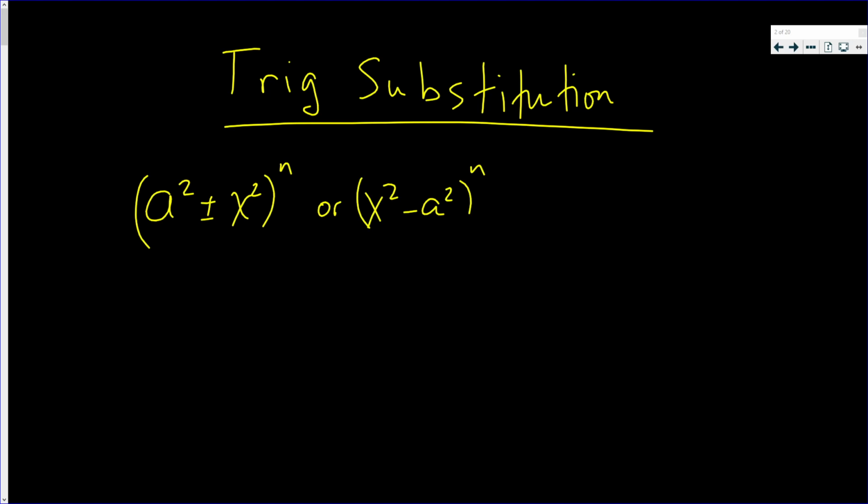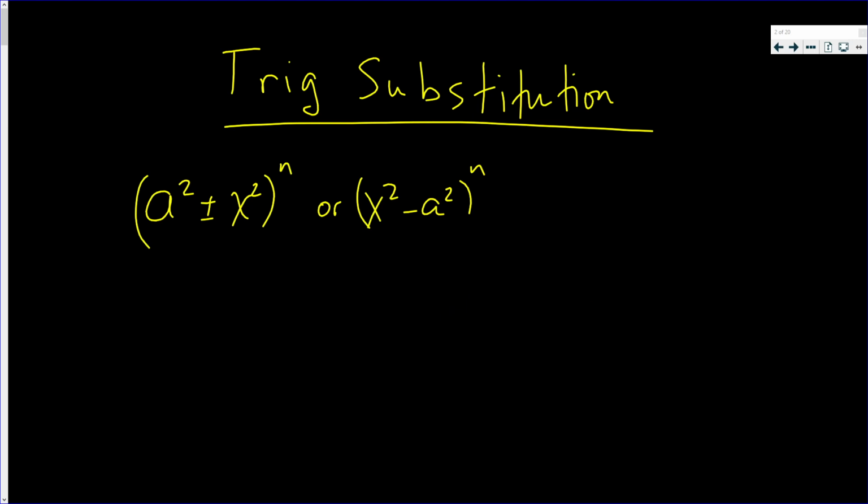Just remember that, and if you have x squared minus 3, this is or can be realized as x squared minus the square root of 3 squared. So don't say, oh, that's not in the form of x squared minus a squared. That's not true.